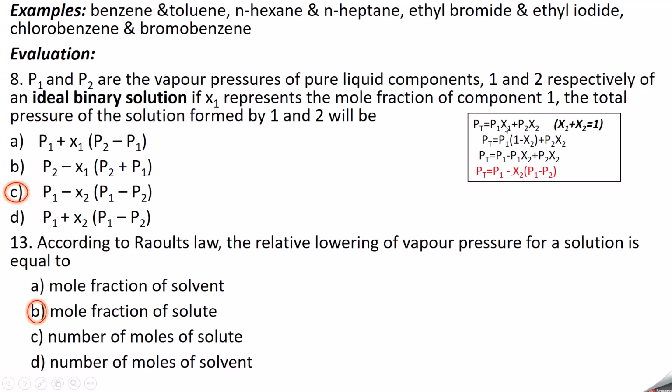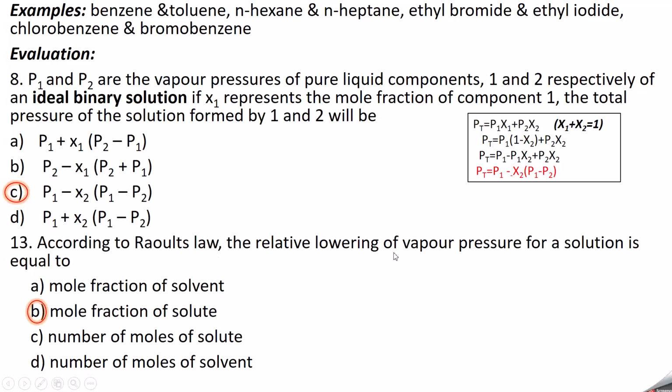Now substitute X1 is equal to 1 minus X2 in this expression, because the total mole fraction of the components will be equal to 1. So P1 into 1 minus X2 plus P2 into X2. Simplify: P1 minus P1 X2 plus P2 X2. So you can write P1 minus X2 outside, P1 minus P2. This is the third expression, option C. So C is the correct answer.